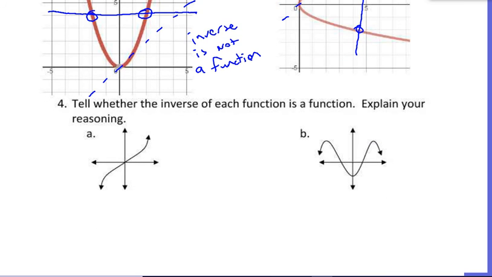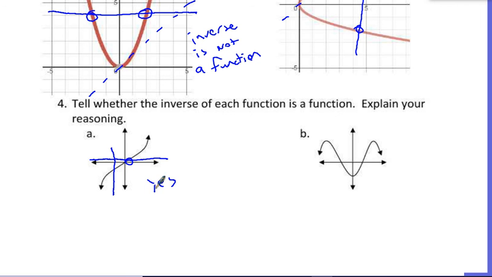So as you take a look at these two graphs, without graphing the inverse, let's determine if the inverse will also be a function. A is a function. It passes the vertical line test. Its inverse will be a function because it passes the horizontal line test, crossing only once.